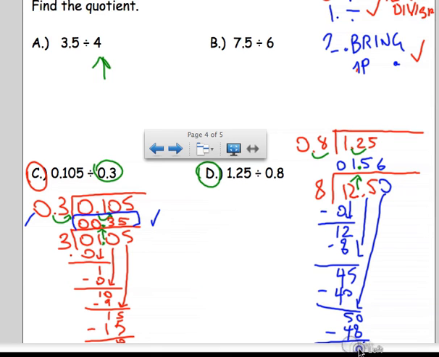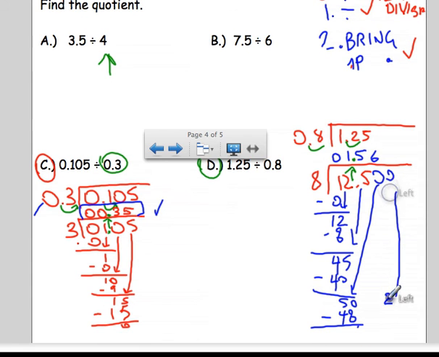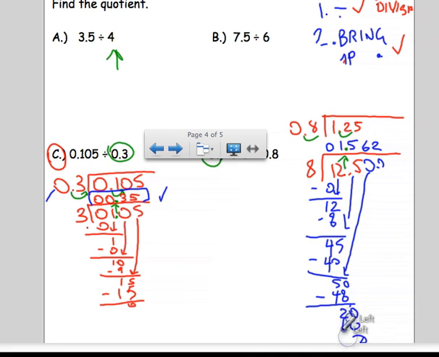And that's 2. I'm running out of space here, so I'm carrying that over here. Bring down another 0. 8 goes into 20 2 times. That's 16. Subtract.